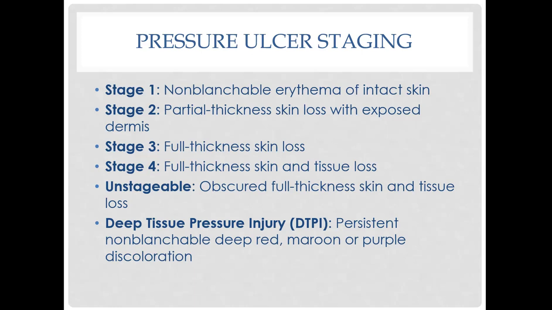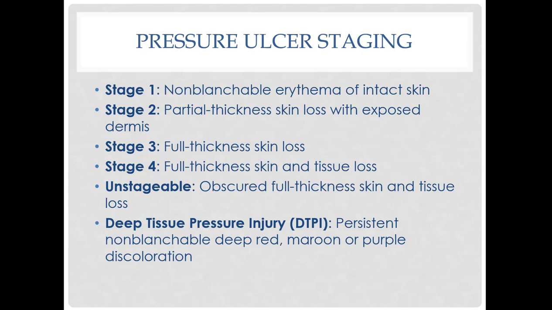This is a reddened area, but it is non-blanchable. That means that if we press on that reddened area, it is not going to turn white and then turn back red. Okay, it's just going to stay red. So that means we've got decreased perfusion there. That's stage 1.